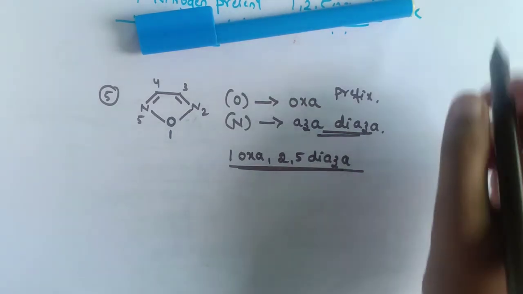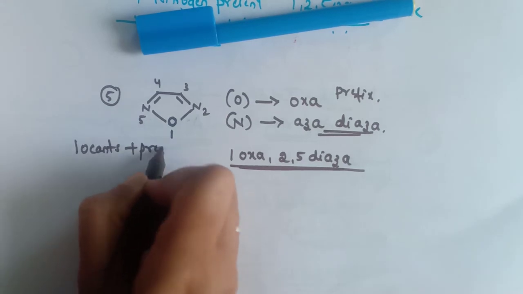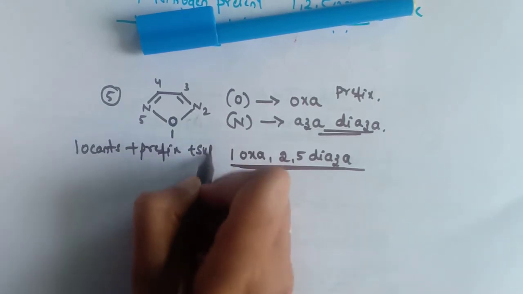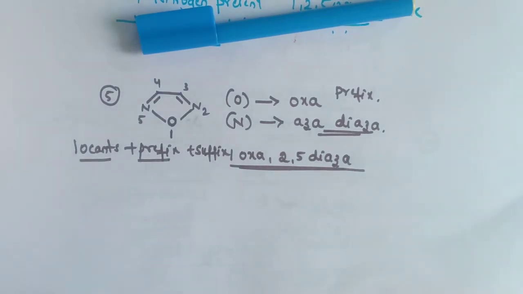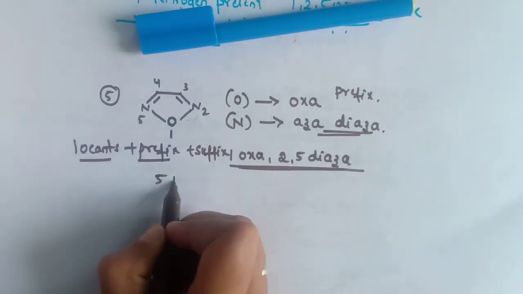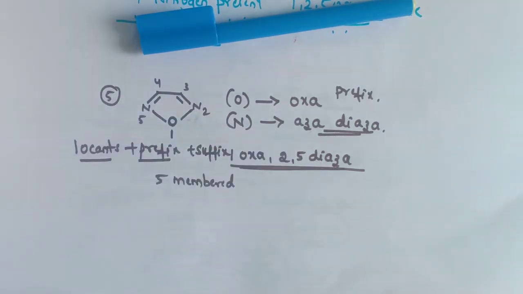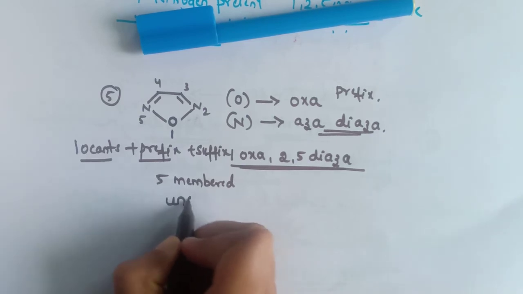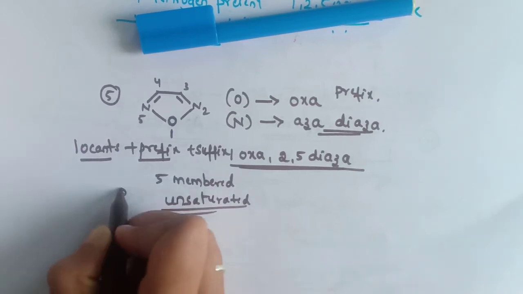Now, coming to the suffix. We already know that to name it, we need locants plus prefix plus suffix. We have completed the locants and prefixes, so now we should look at the suffix. Here it is a 5-membered ring, and it is fully unsaturated, meaning it consists of double bonds.